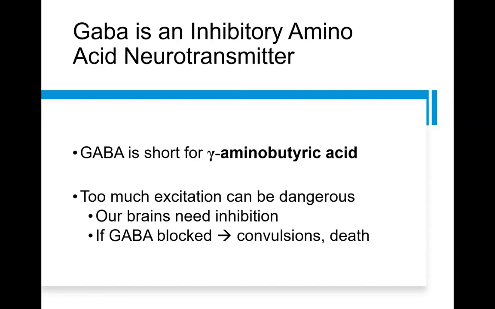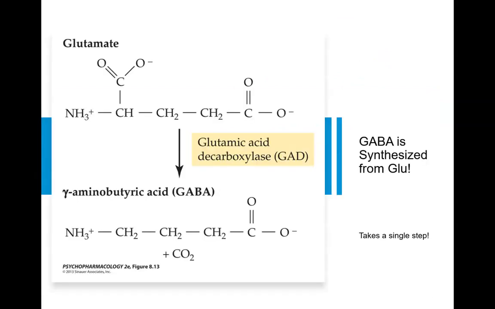The cells become overexcited and they become so excited that they end up dying as a result. So we want to protect our brains, and our brains thus need inhibition. So GABA is just as important as glutamate is.